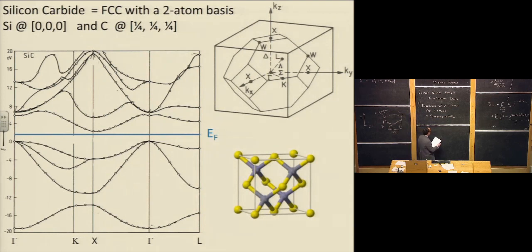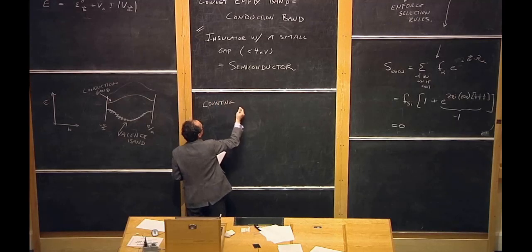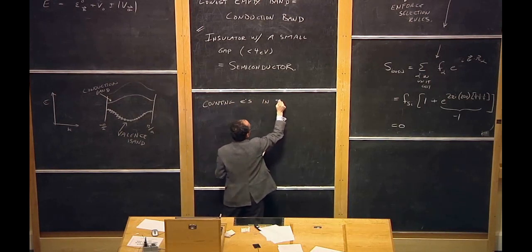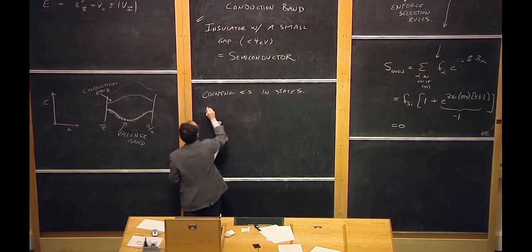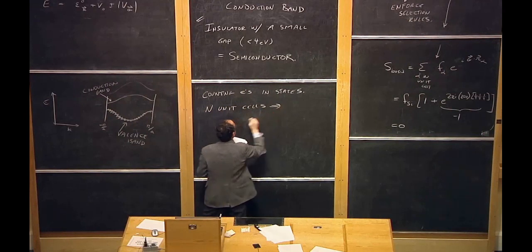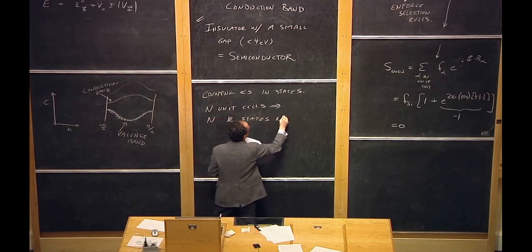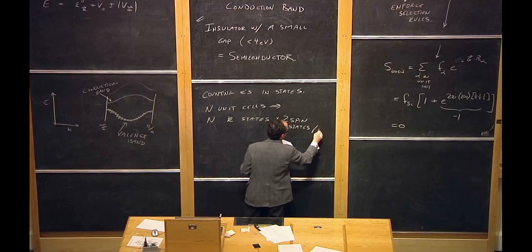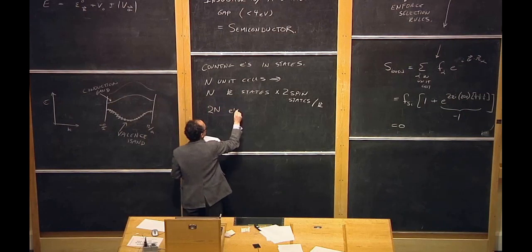Okay? Now, something else that we mentioned when we talked about the tight binding model is that counting electrons in states is rather important to figuring out if you have a filled band or not. If you have N unit cells in your system, then you have N k states, times 2 spin states per k, which means that 2N electrons will fill a band.